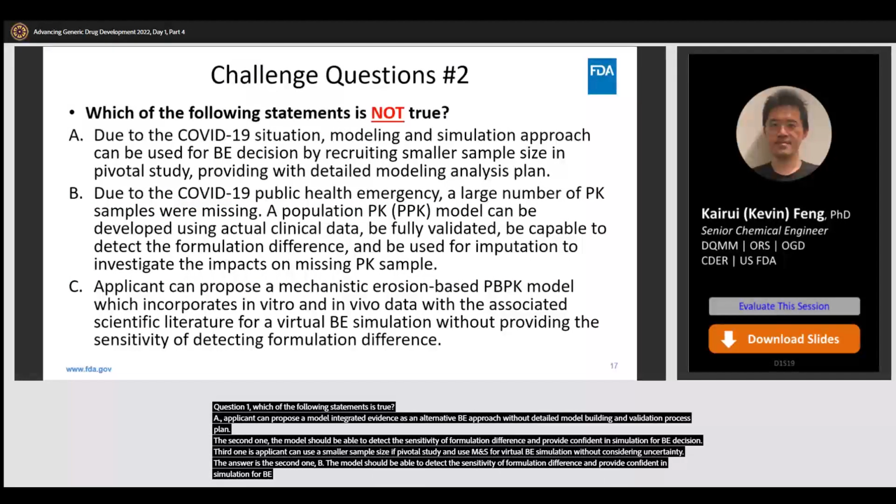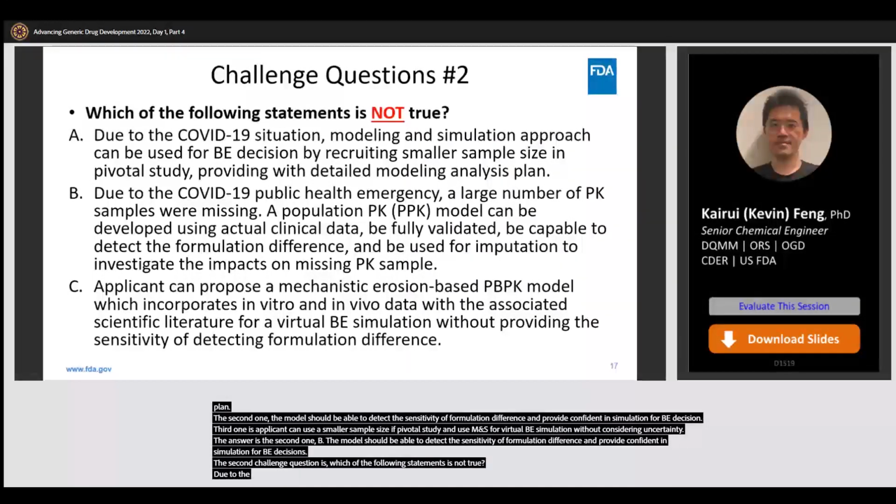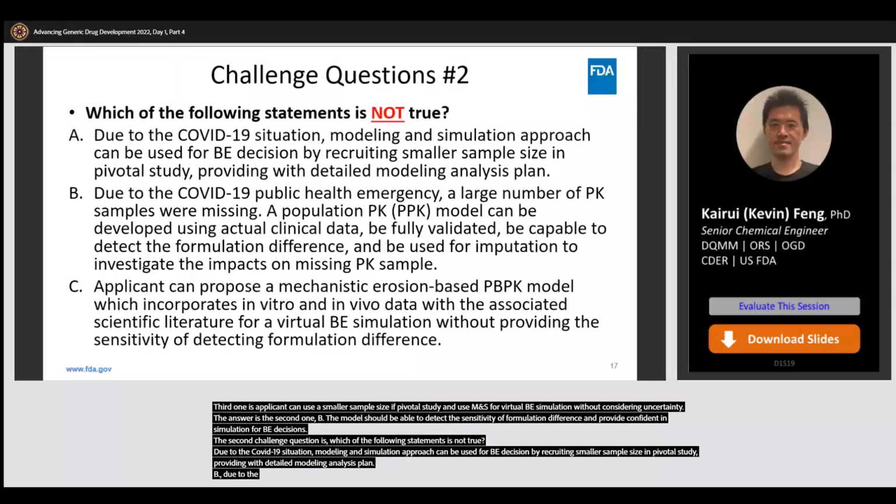The second challenge question is, which of the following statements is not true? A, due to the COVID-19 situation, modeling and simulation approach can be used for BE decision by recruiting a smaller sample size in a pivotal study, providing a detailed modeling analysis plan. B, due to the COVID-19 public health emergency, a large number of PK samples were missing. A population PK model can be developed using actual clinical data.